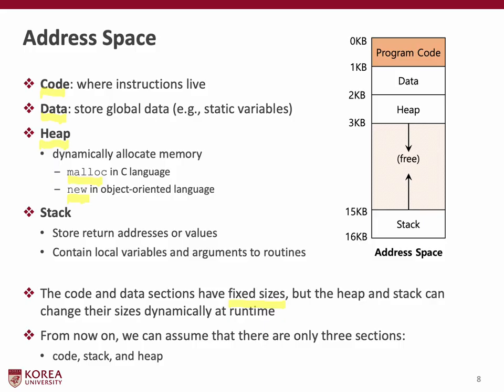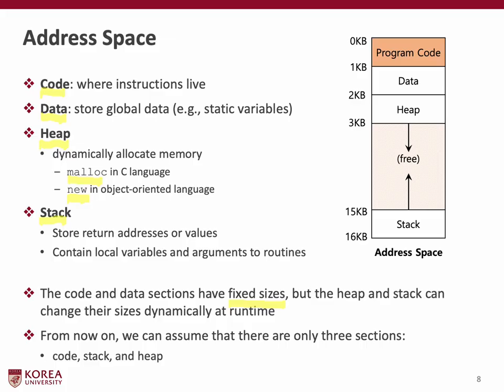And the last part is stack. This is used for function calls. In other words, it stores local variables, function arguments, and return address values needed to go back to the previous function.